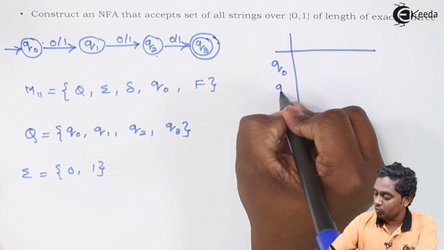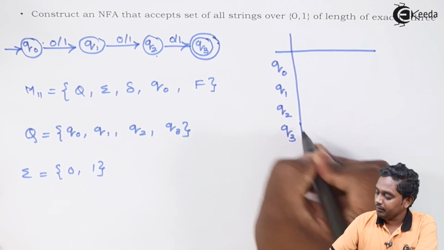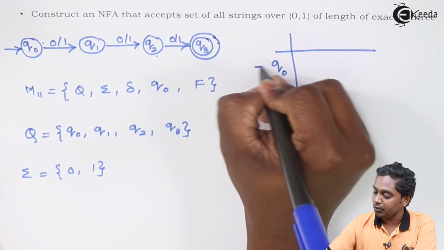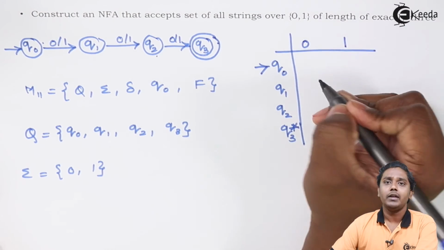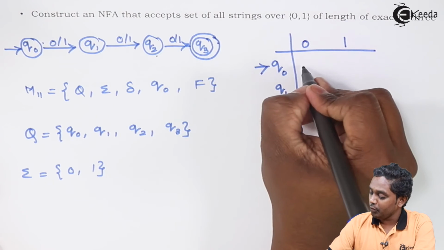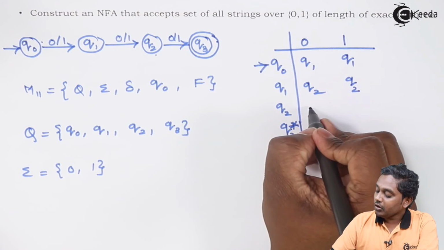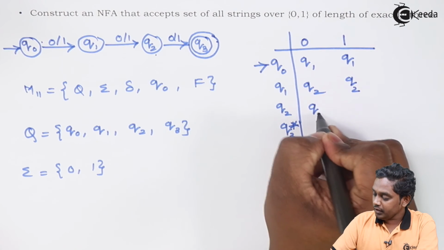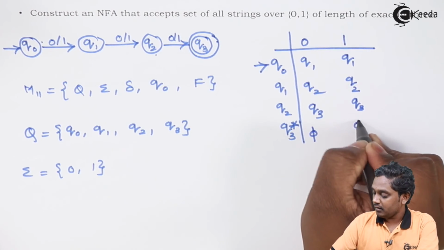Q0, Q1, Q2, Q3. Out of them, Q3 is the final state, Q0 is the initial state. On alphabet 0 and 1, we have the following transitions. Q0 has a transition to Q1, Q1 to Q2, Q2 has a transition to Q3, and Q3 has a dead configuration.